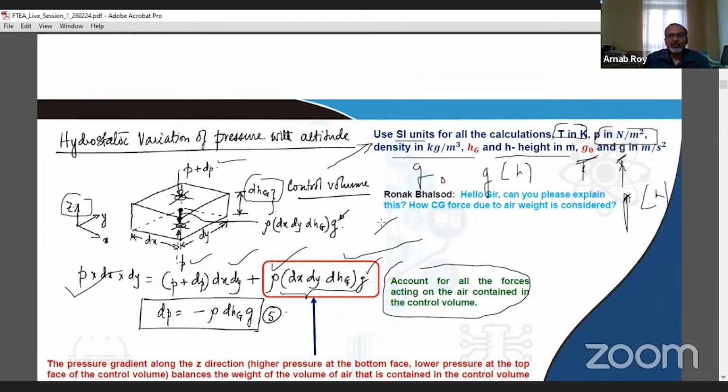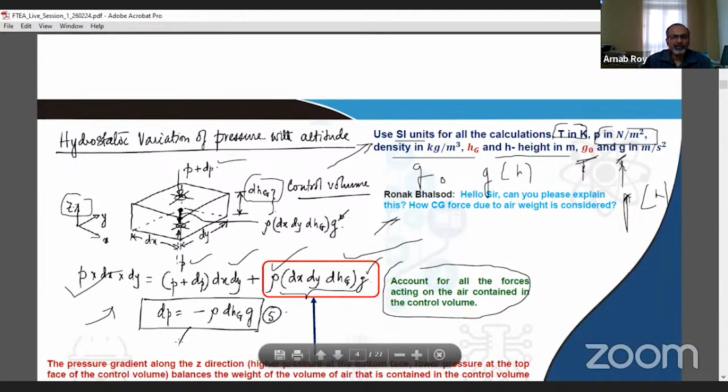Here was a question from Ronak, where he wanted to ask how the air weight is accounted for in the calculations, and that is what we would like to re-emphasize: it's basically coming from the equilibrium of forces along the Z direction, as they work out for the control volume that we just showed over here.